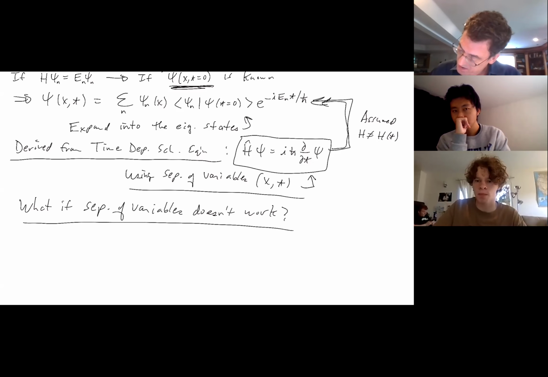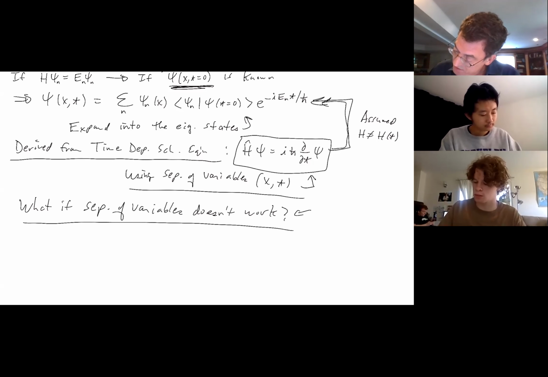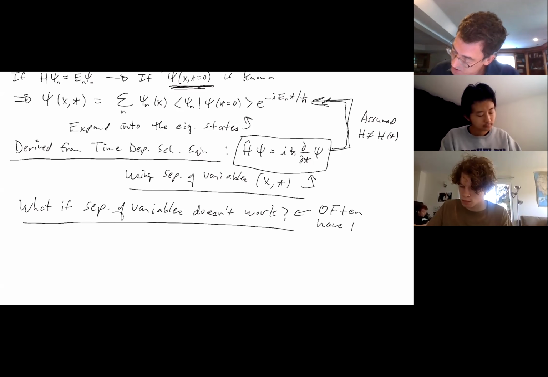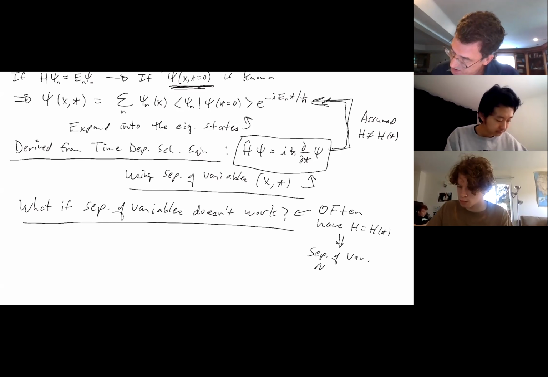But it turns out that separation of variables often does not work. We often have that the Hamiltonian depends on time. And then the trick doesn't work. Separation of variables doesn't work.